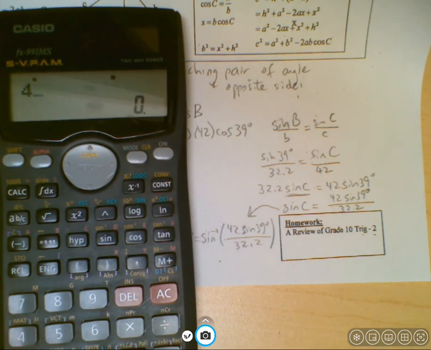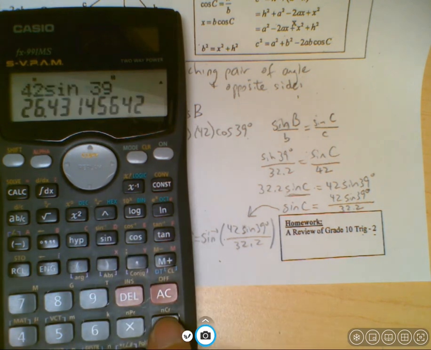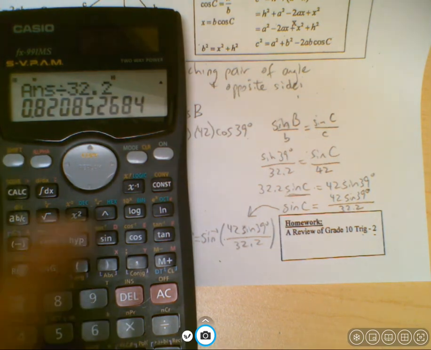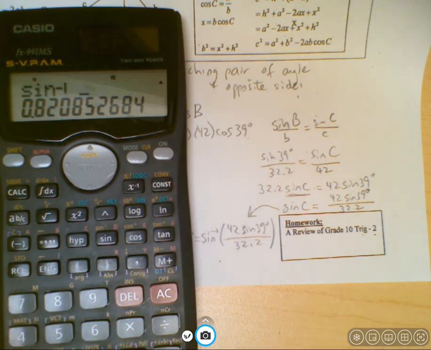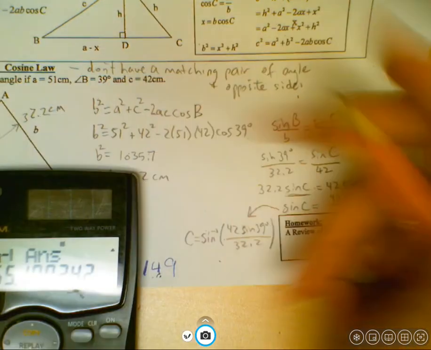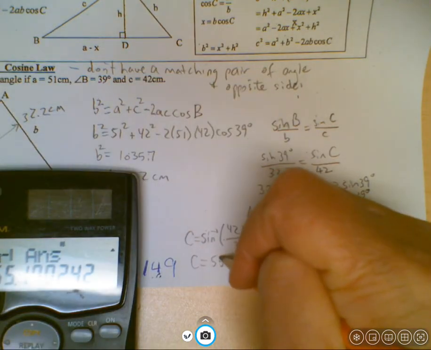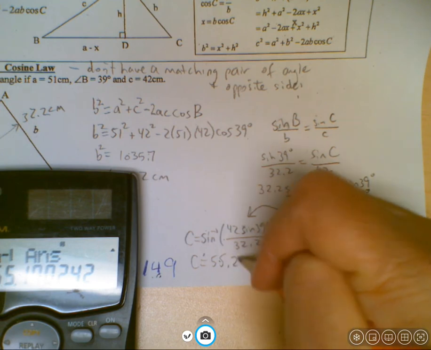So I go 42 sine 39 divided by 32.2 is this much. And now I'm going to go shift sine of my answer, and I'll get 55.2 degrees. So C is approximately 55.2 degrees.